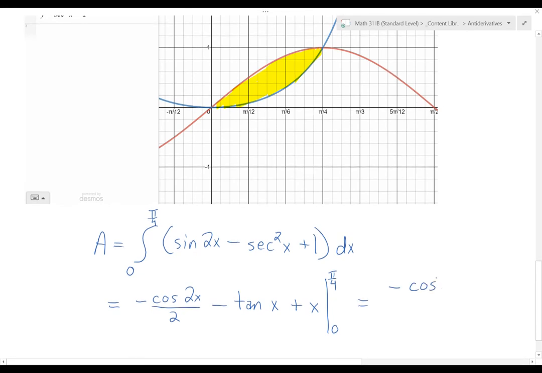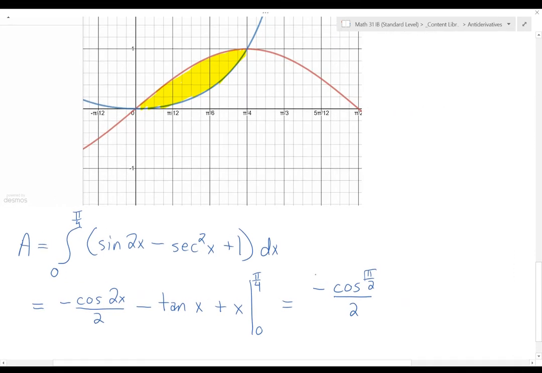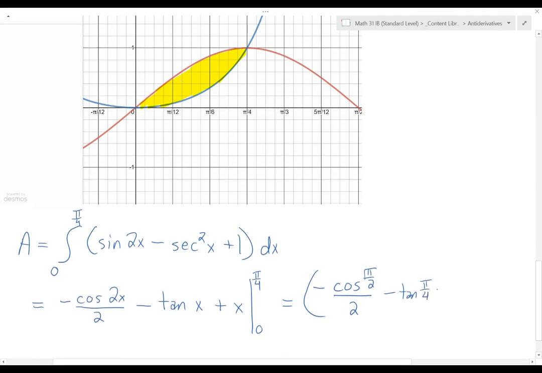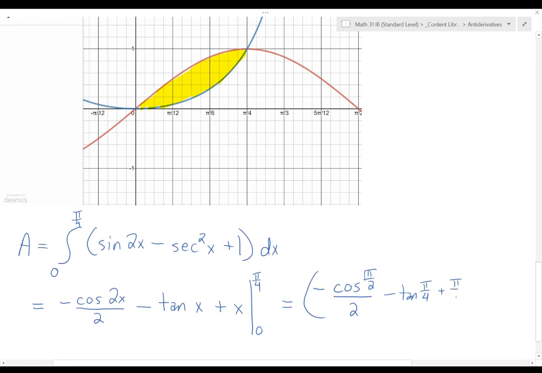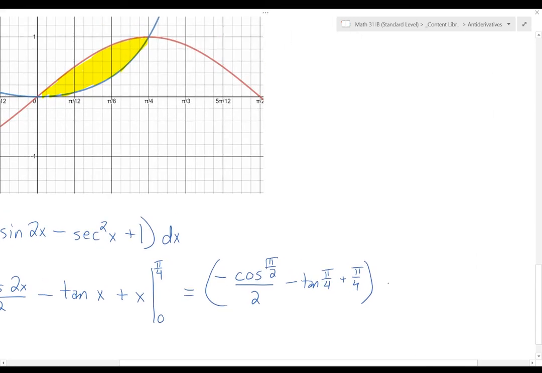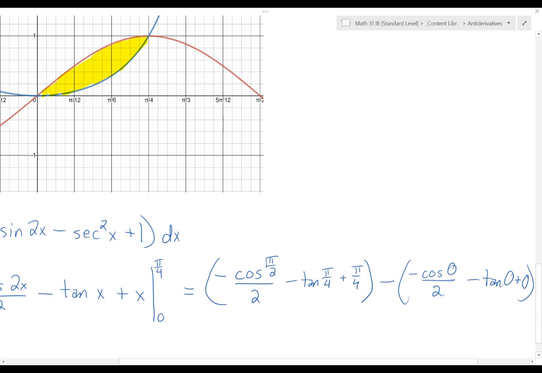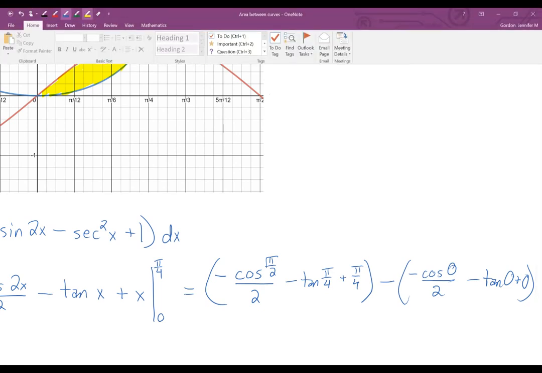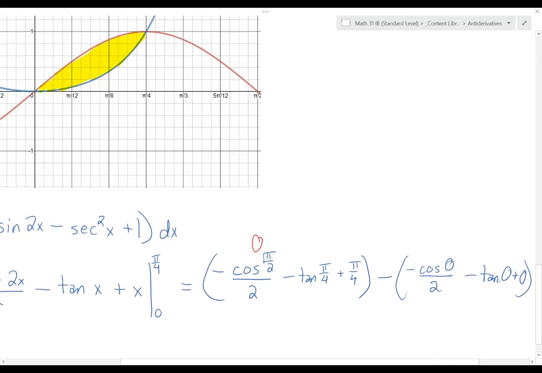And we need to evaluate this between 0 and pi over 4. So negative cosine of pi over 2, over 2, minus the tangent of pi over 4, plus pi over 4, and then minus negative cosine of 0 over 2 minus the tangent of 0 plus 0.